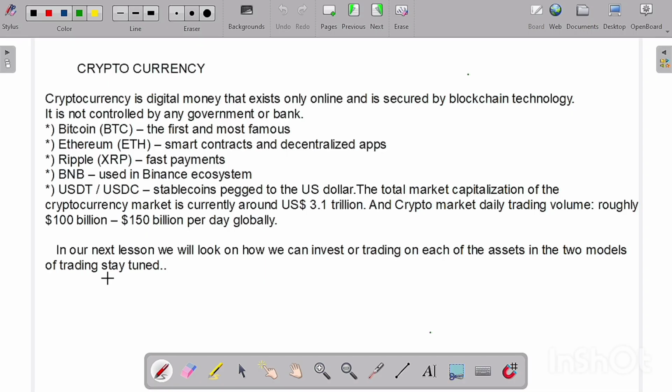Stay tuned. For the four digital assets which we have looked at, there are two ways of trading them, and this is one of the most important parts. This is where people go long, and this is where people split on these two models of trading.